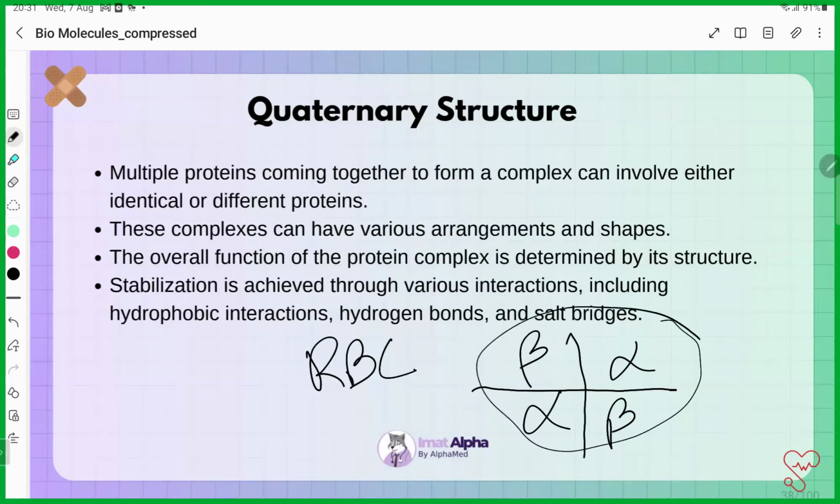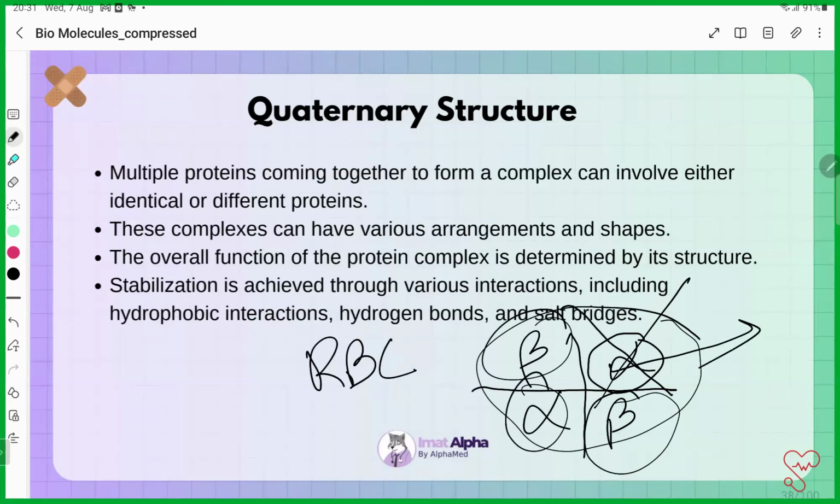So let's say one of these structures, the four structures we have, has lost its structure. Let's say this was lost. Take it out. So what happens? The function will be lost. So always keep in mind that the moment the structure is lost, the function will be lost.